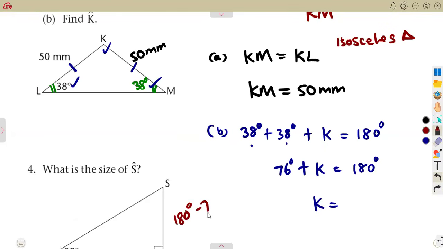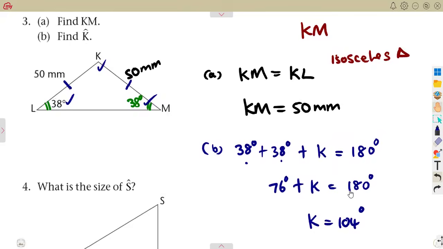So it's going to be 180 minus 76. You are supposed to subtract that and you're going to obtain 104 degrees. So angle K is going to be 104 degrees. Or you can use that concept, K is equal to 180 minus this at the same time. You are supposed to have the same answer, just like that.